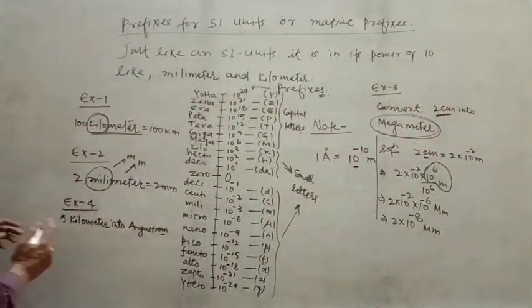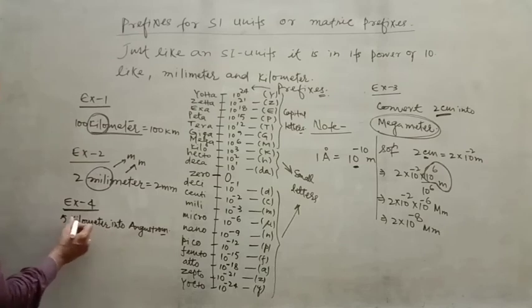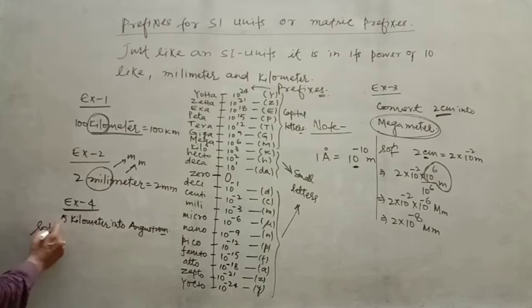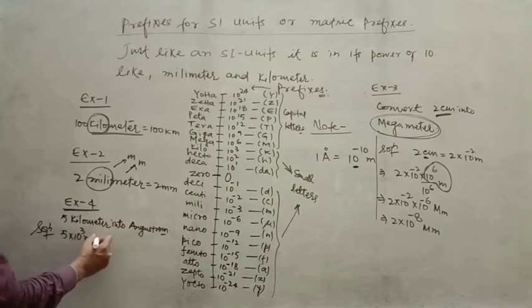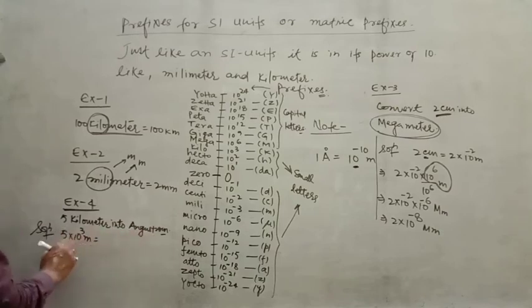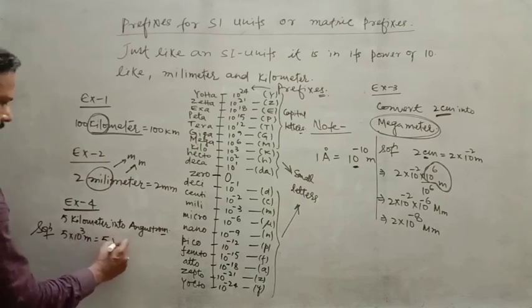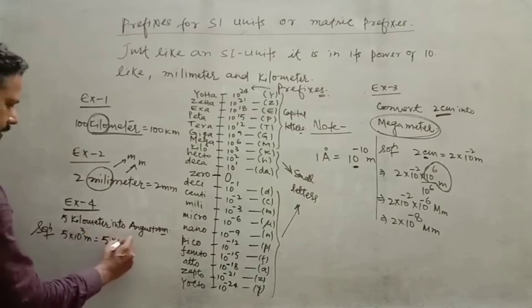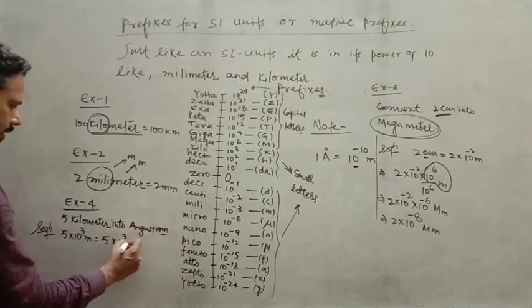So see, you have it in kilometer, and kilo is 10 raised to 3. So first of all, simply write down in the solution: 5 cross 10 raised to 3 meter. Now you have to convert this one into angstrom. So how can you convert? Simply write down 5, then 10 raised to 3, and then you want angstrom, that is 10 raised to minus 10 meter.